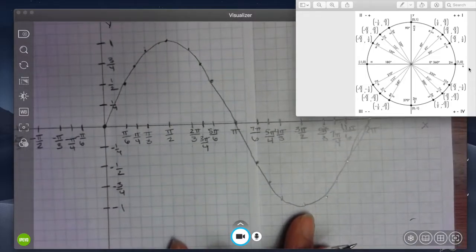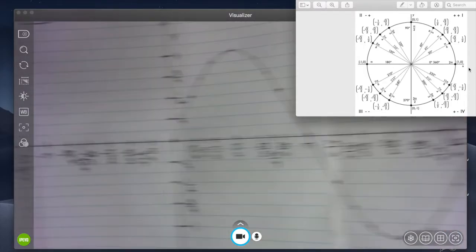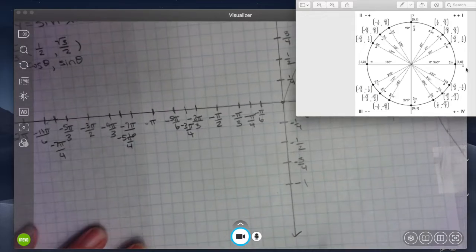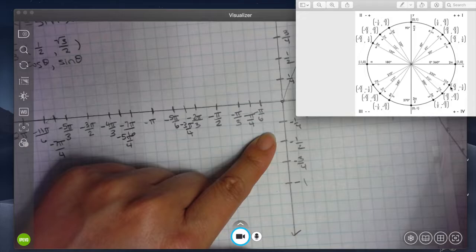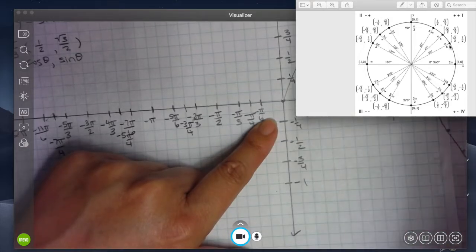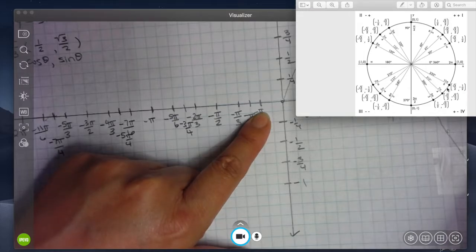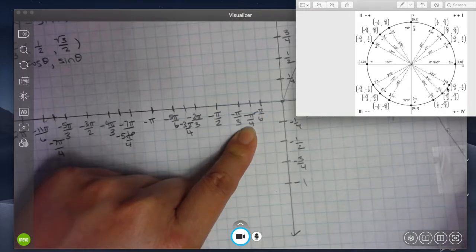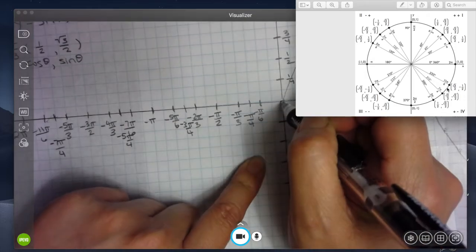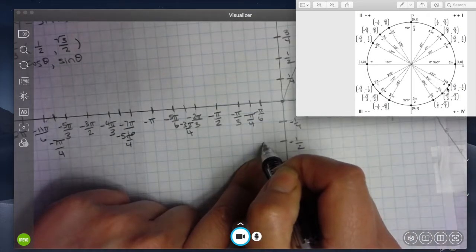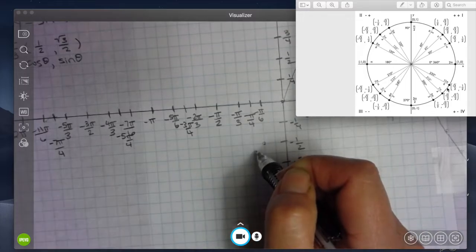All right, so now the negative sides. When we're going with the negative, we're going backwards, right? So when we're going backwards for the negatives, negative pi over 6 is going to be the same as 11 pi over 6, which is going to be negative 1/2. So now we go here, negative 1/2. Negative pi over 4 is going to be negative 0.71.